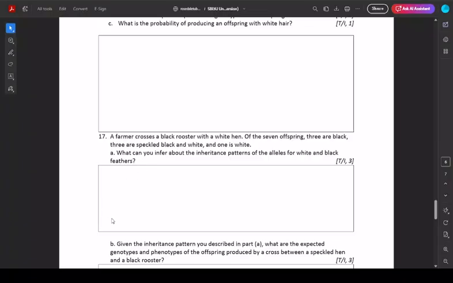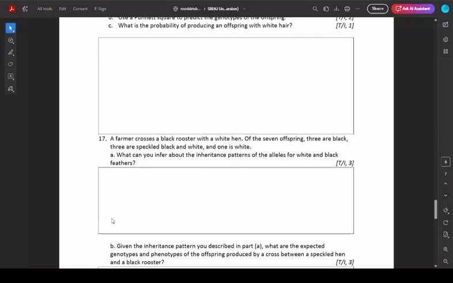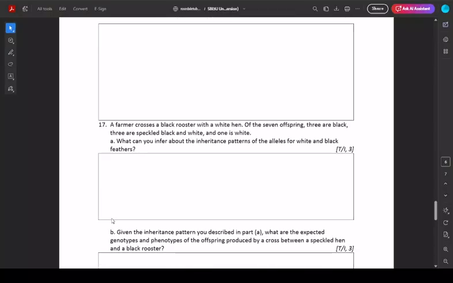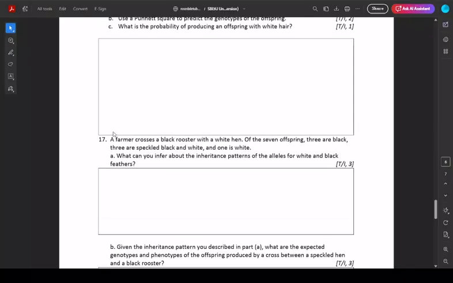BBWW is going to produce BW, BW, so the kids are going to be speckled, and then could be white. So the inheritance pattern is codominance.